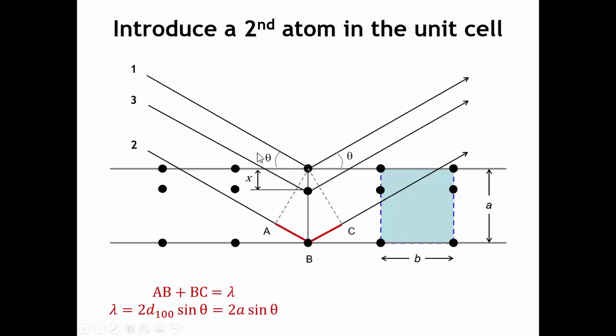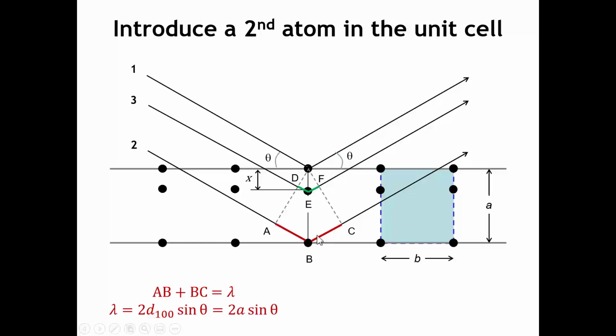There's no reason why x-rays can't be scattered off of this intermediate layer, and in fact they will be. But if you think about the path of x-ray 3, you can see that the extra path length it travels compared to wave 1, which I've shown in green here, is different than the path length shown below in red.